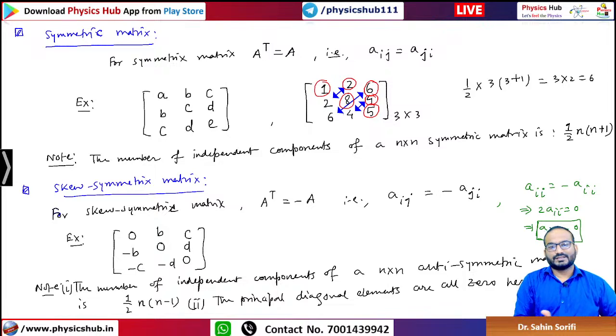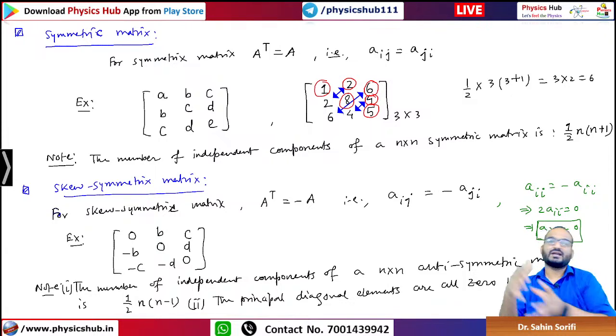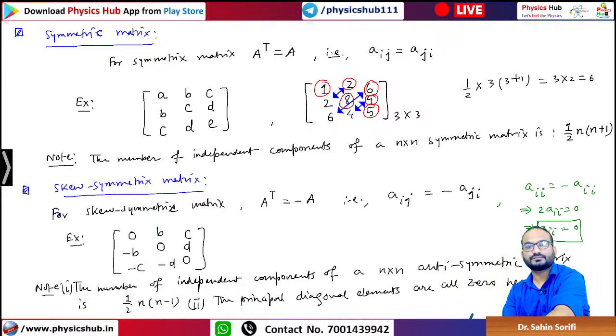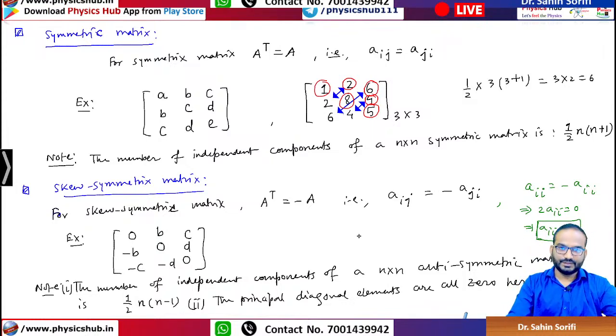Now a few other interesting things are there. If you have a square matrix, you can write it as a sum of a symmetric matrix and an antisymmetric matrix. Let me tell you how. Any square matrix can be written as the sum of a symmetric and an antisymmetric matrix, right? Just write it down. These properties we will be utilizing in solving various problems later on.